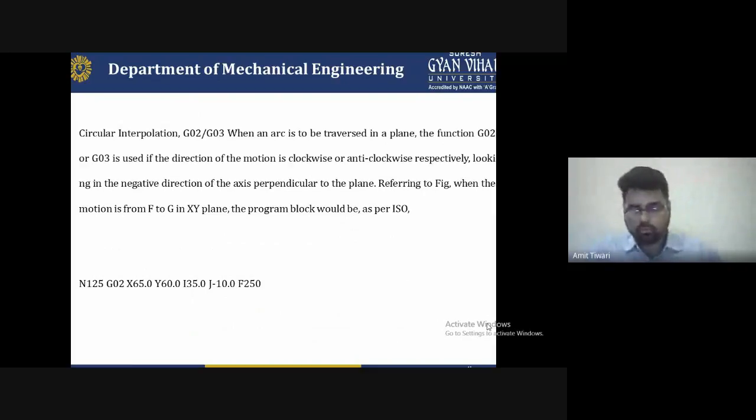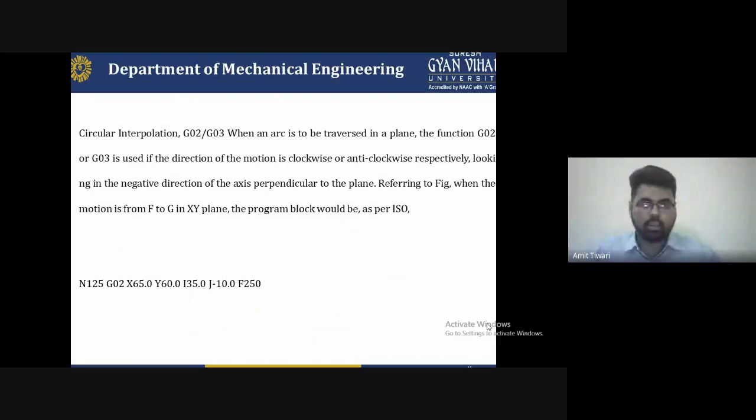These are the codes written in the program. So you write this type of code and start the machine, and you will find the work is completed as per the standard coding.